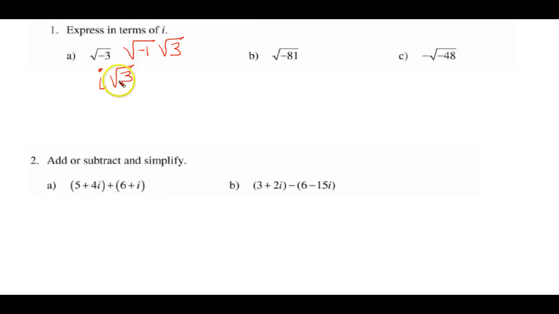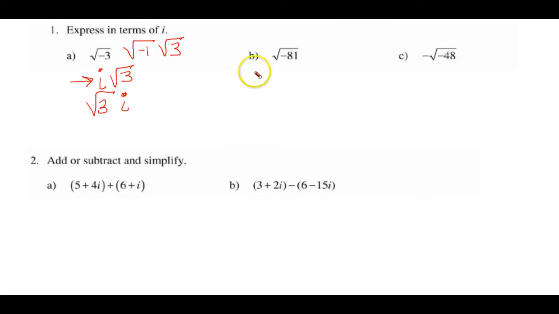Now, this is an acceptable way of writing it, but you could also put it this way, the square root of 3 and then the letter i. You just have to be careful you don't extend the radical sign over the letter i. So that's why this is often the preferred way to write it.